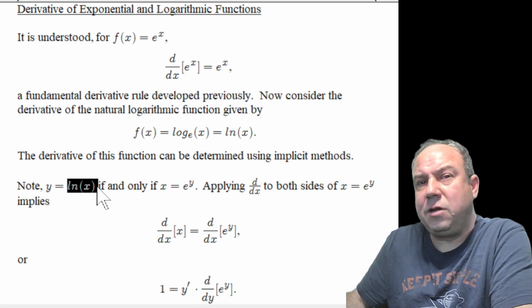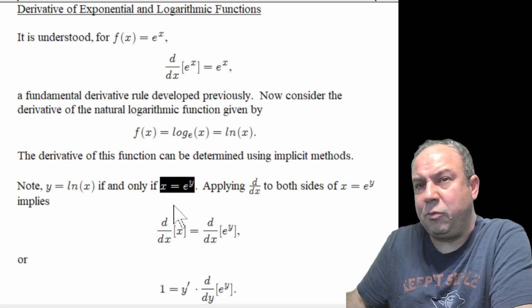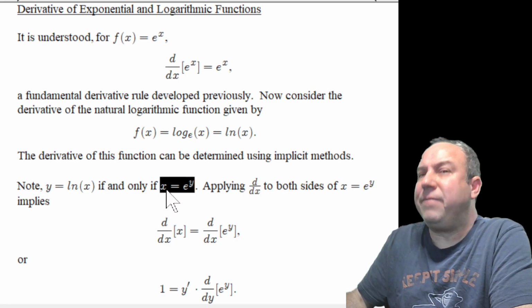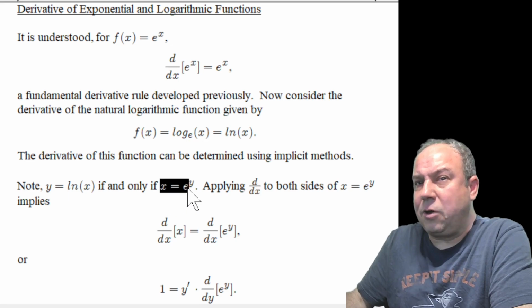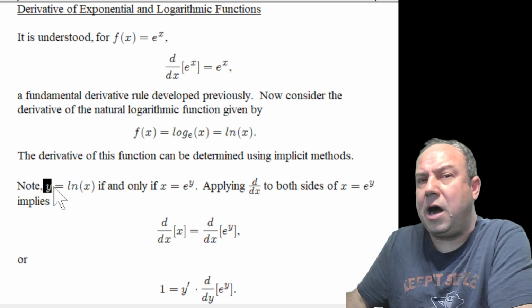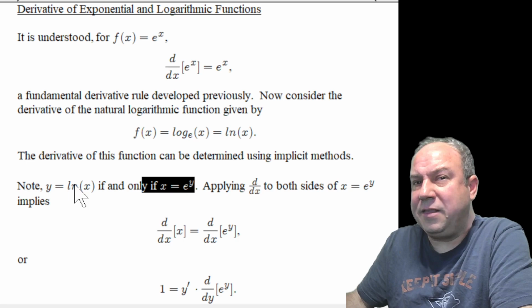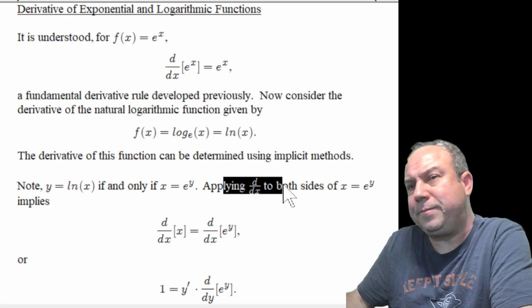Here, the natural logarithmic function ln of x is in this inverse relationship with the function e to the x. So what we can say about y equals the ln of x is that x must be equal to e raised to the power of y. And that's how we define the natural logarithmic function.